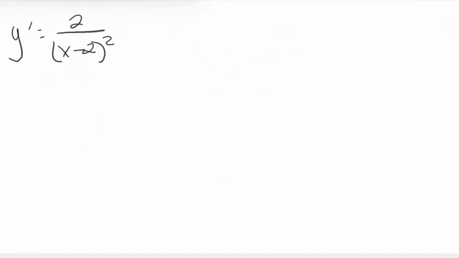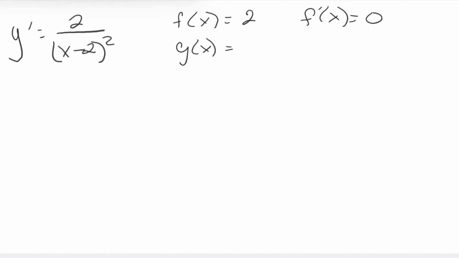So find our second derivative. Same concept. So my f of x is 2, so f prime of x is 0. G of x is x minus 2 squared. So g prime of x, this one I have to technically do the chain rule, but the inside of it comes out to be 1 when I do the derivative of it. So it's just 2 times x minus 2.